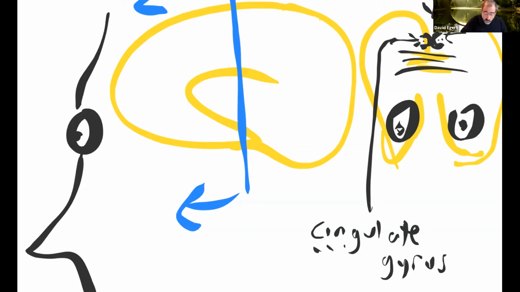Part of what people have found there is that it seems to play a role in balancing the emotional versus the pragmatic aspects of decision making.